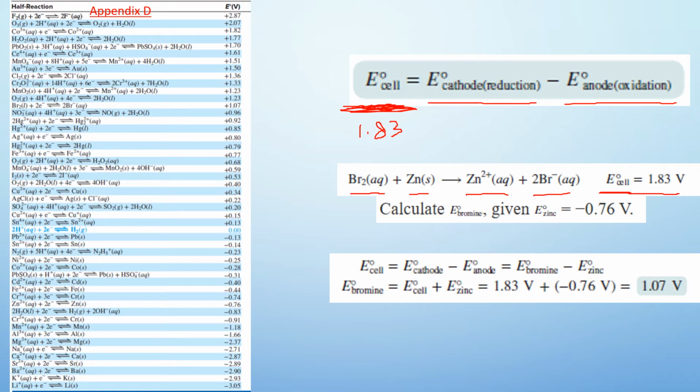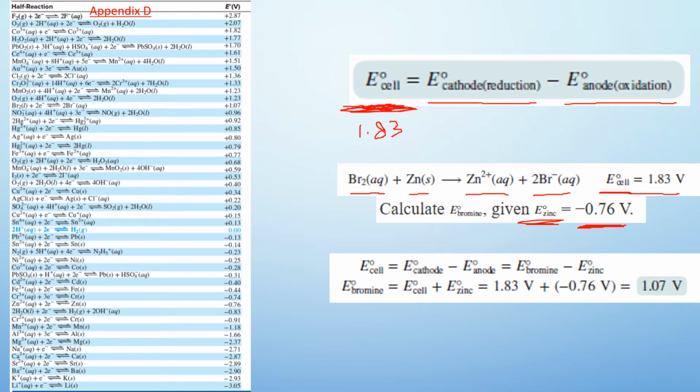In this case, we also know that for zinc, the standard half cell potential is minus 0.76. We know zinc is the reductant that is being oxidized.